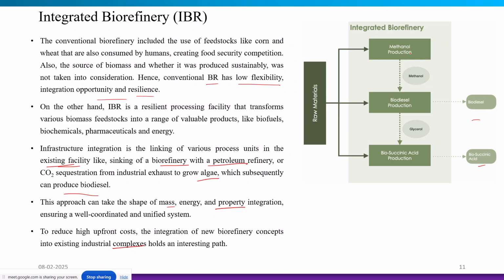This methanol can be taken out of the process and sold, but with further processing we are getting biodiesel and biosuccinic acid. So this is one short example for the integrated biorefinery approach.